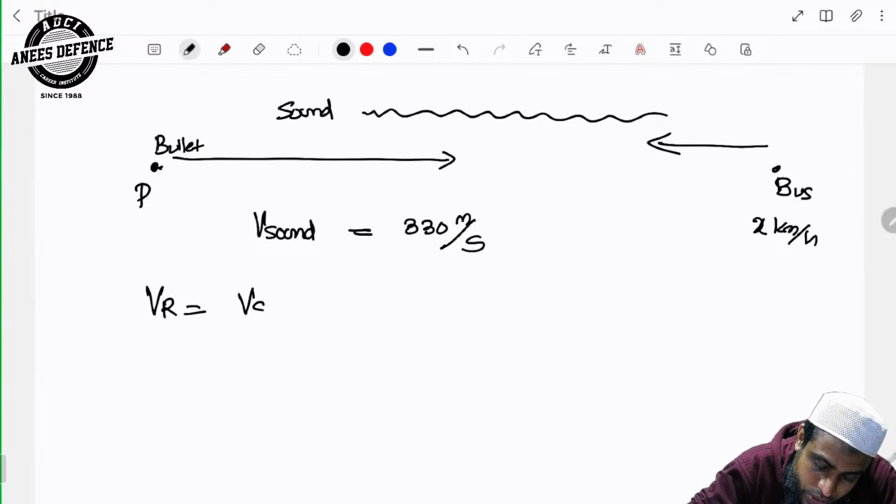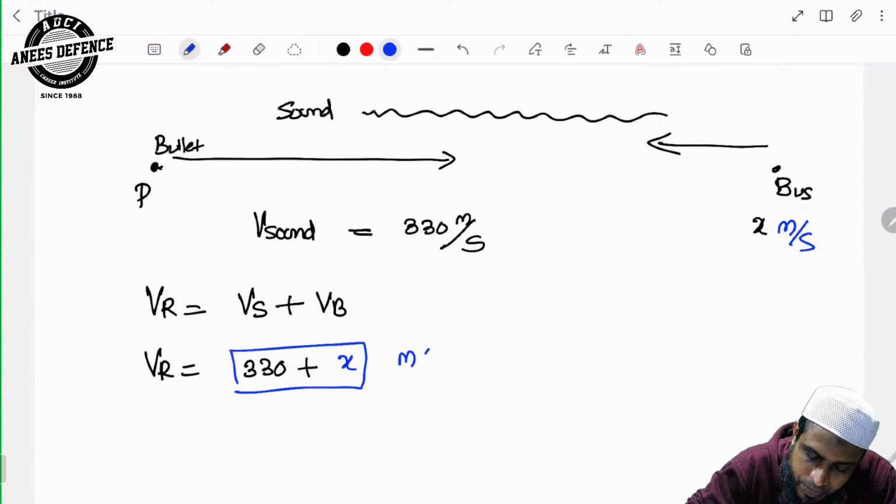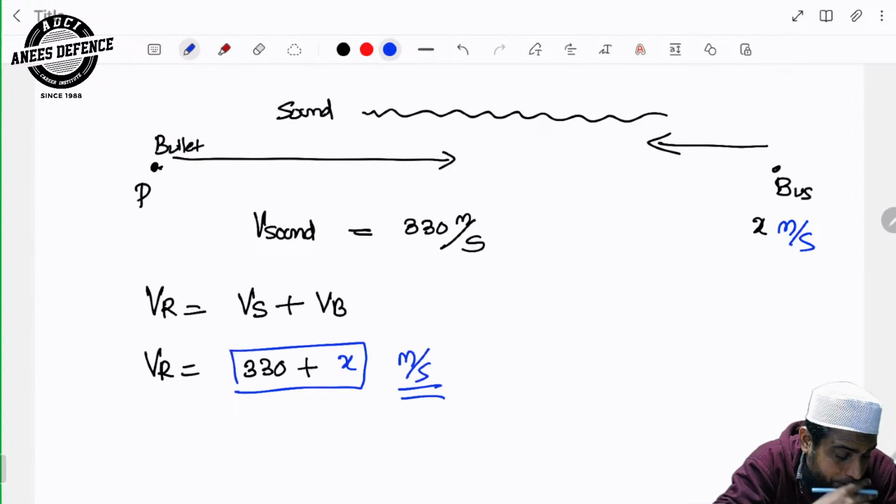So the velocity of sound plus the velocity of the bus. The relative velocity is equal to 330 meters per second plus this, which we can also consider as meters per second. Let it be. This will be the relative velocity.